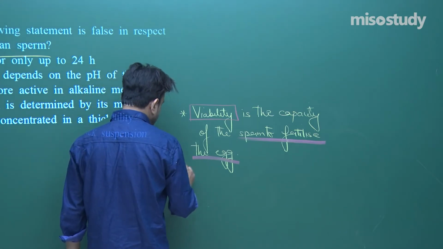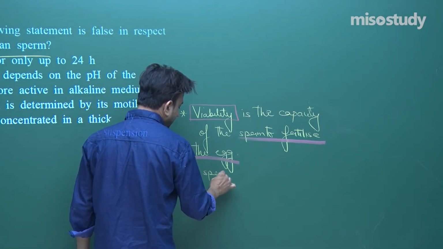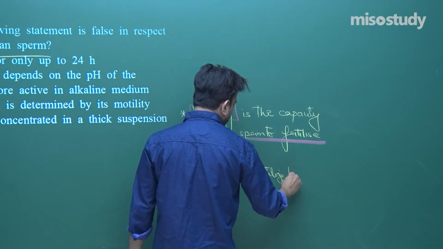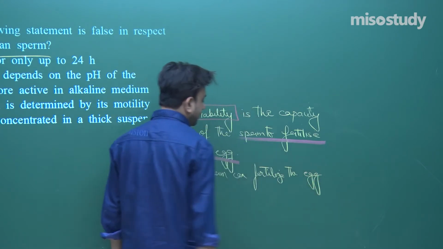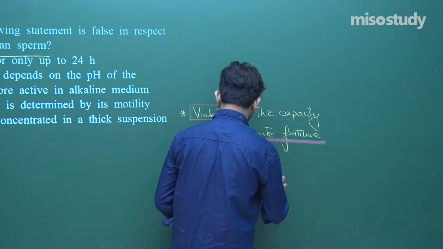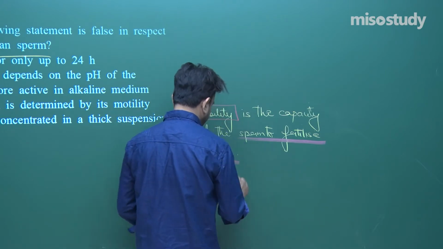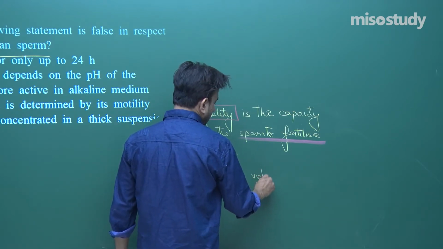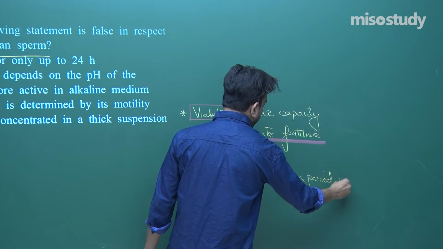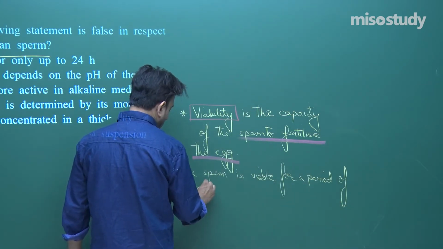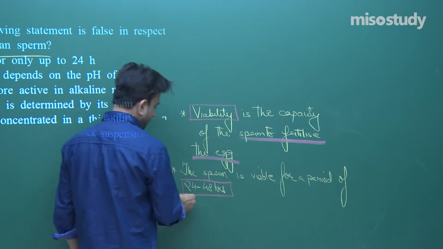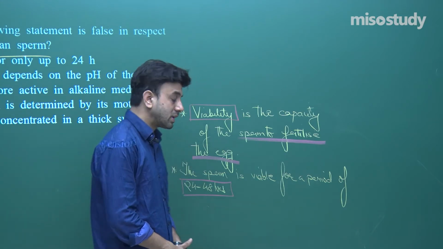So, the sperm can fertilize the egg, or we can say in a way the sperm is viable for a period of 24 to 48 hours.